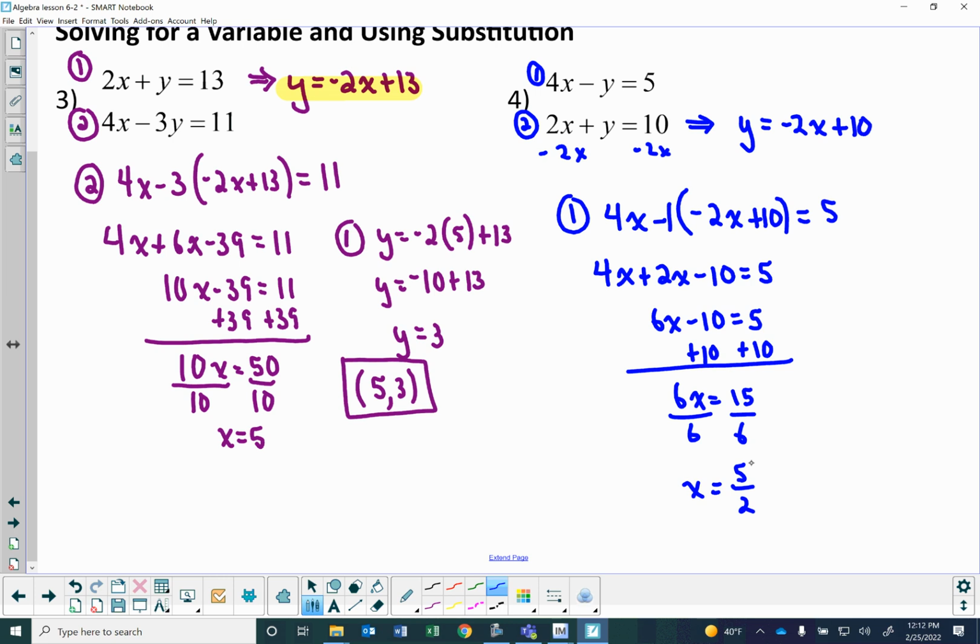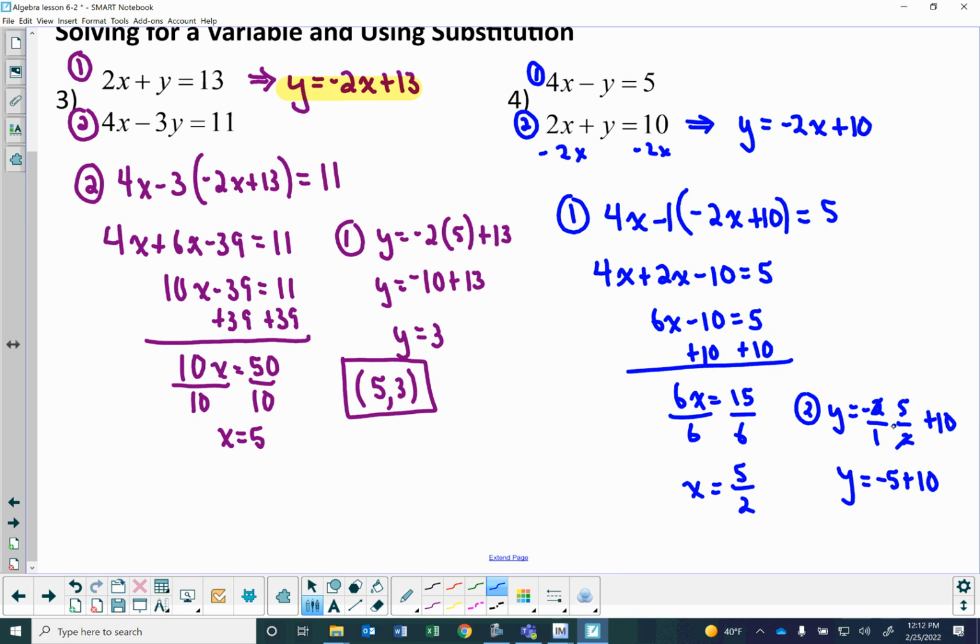Now to solve for y, I'm going to plug it into the adjusted version of equation 2. So I will have y equals negative 2 over 1 times 5 over 2 plus 10. Okay, these two 2's cancel out. So I have negative 1 times 5, which is negative 5.